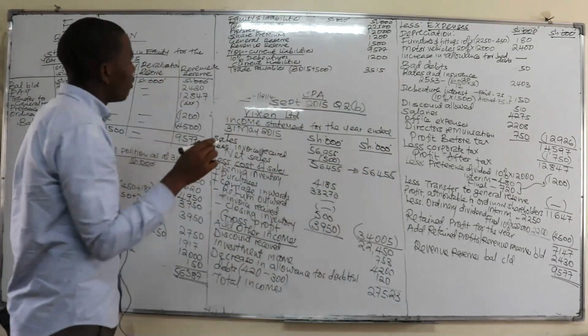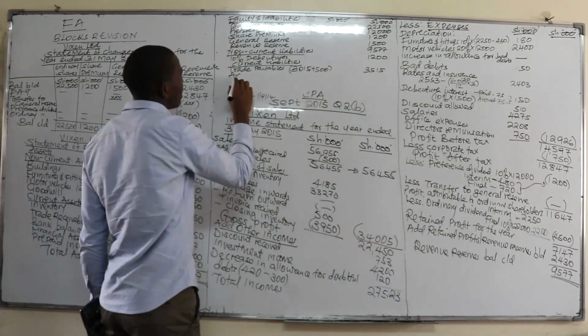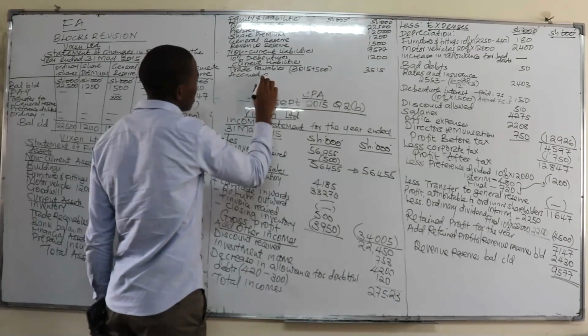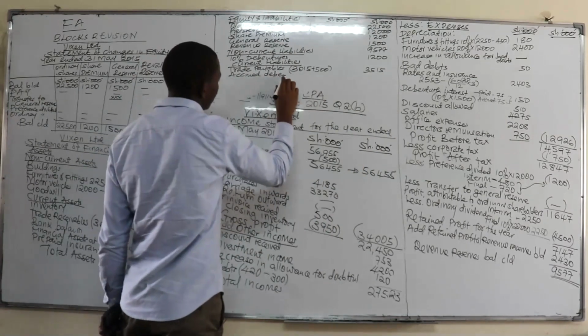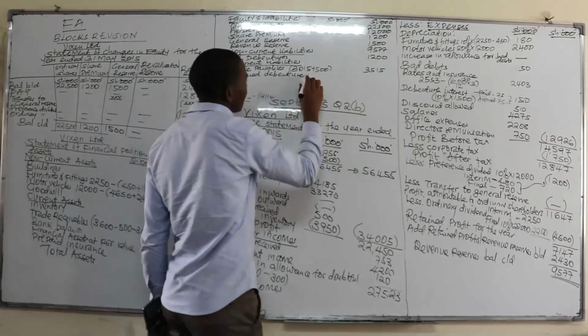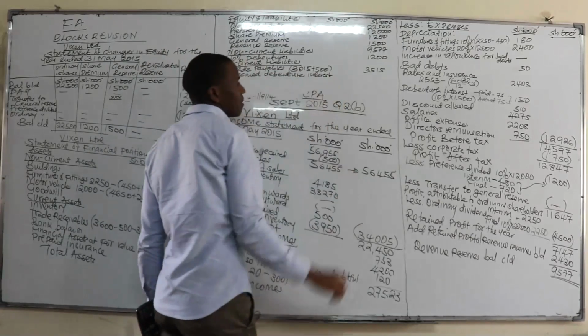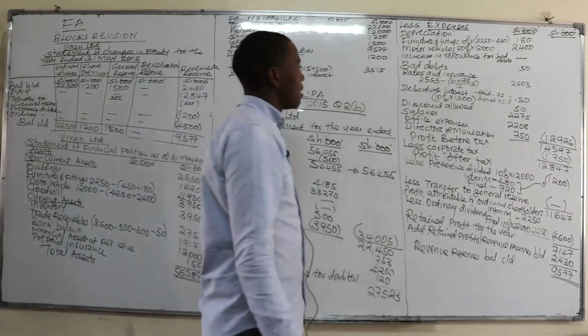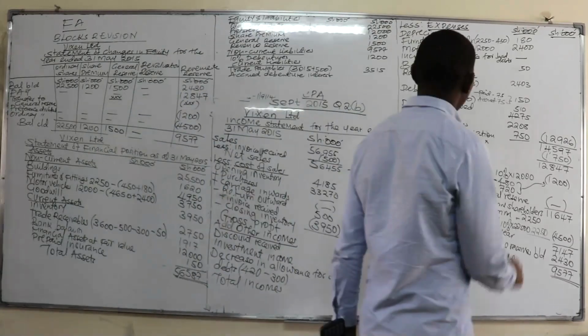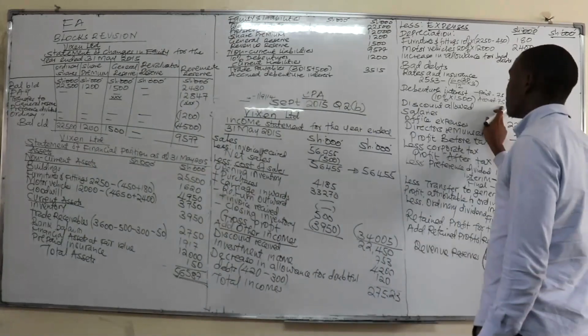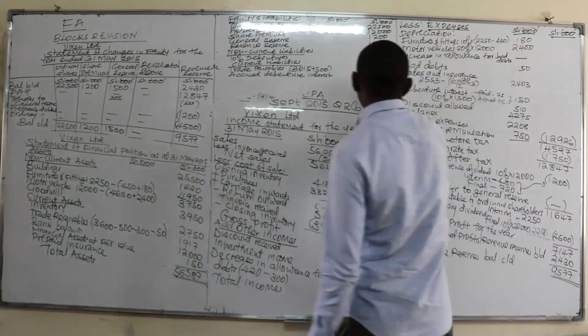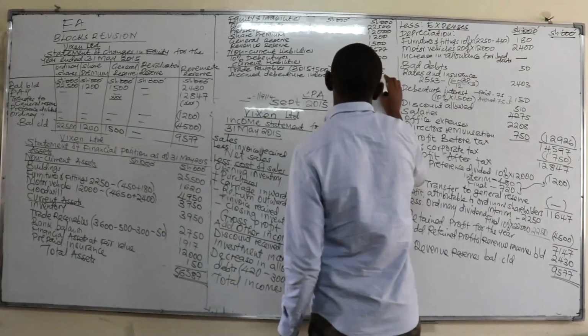Then there was also accrued debenture interest. The accrued debenture interest, they paid 75. They have not paid the other 75. You will also have it there.